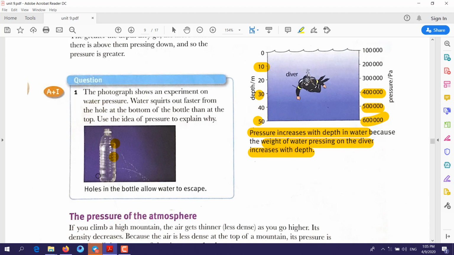Here it's going further because the pressure here is more. Why is it more? Because it's deeper. The deeper you go, the higher the pressure will be. This was everything about pressure in liquids.